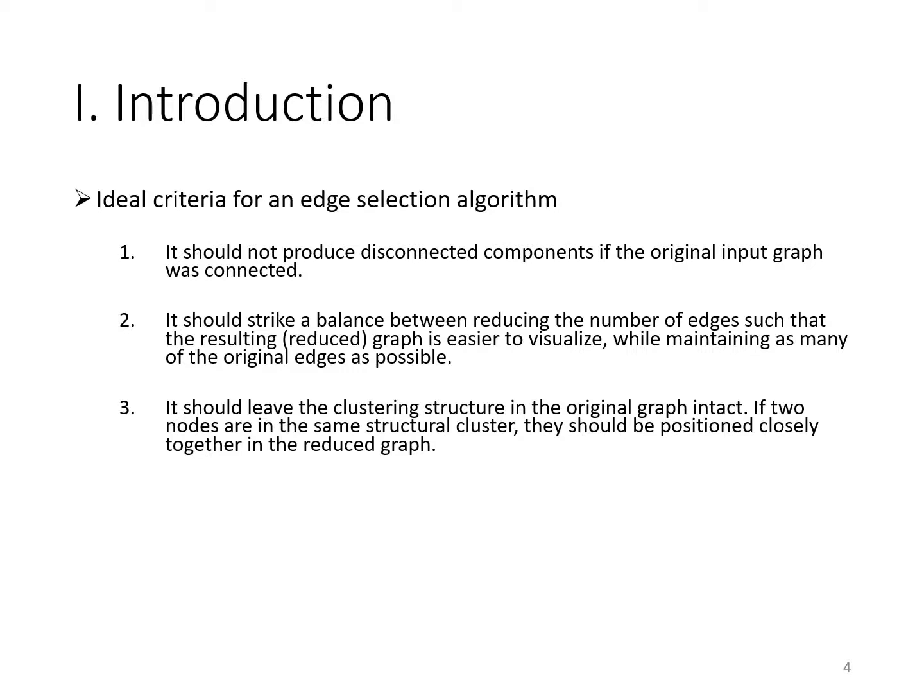Second, it should strike a balance between reducing the number of edges such that the resulting graph is easier to visualize, while maintaining as many of the original edges as possible. Third, it should leave the clustering structure in the original graph intact. If two nodes are in the same structural cluster, they should be positioned closely together in the reduced graph.